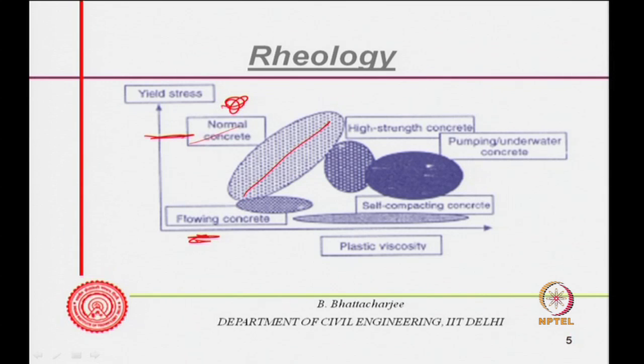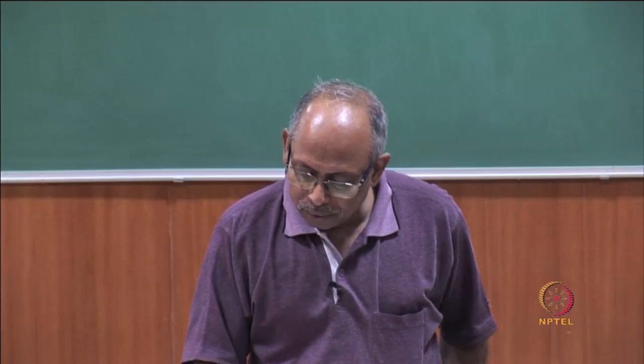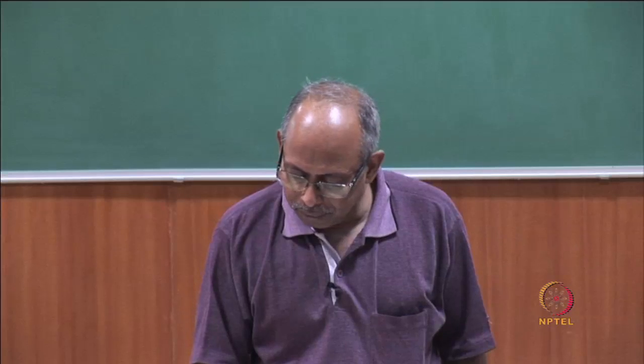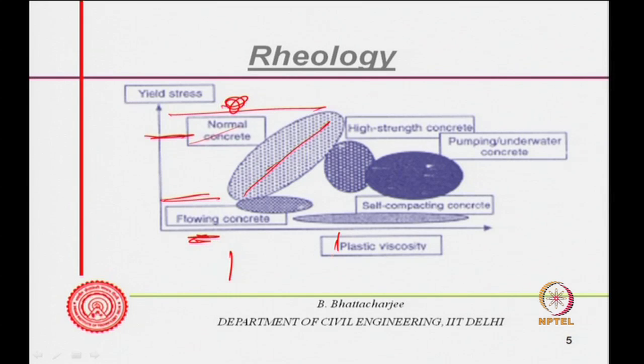High strength concrete has more paste, remember, and therefore the yield shear stress and viscosity ranges vary from this to this, depending upon their flow properties. Pumping concrete should have low viscosity, low yield shear stress, and viscosity should be somewhere there.